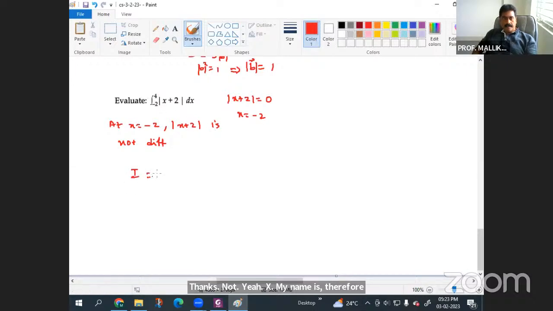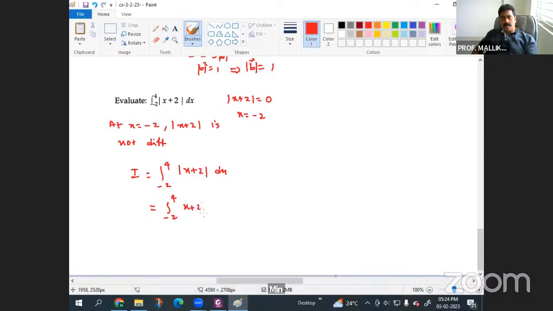Therefore, integral of minus 2 to 4 of mod of x plus 2 dx. Minus 2 is one of the extreme values, so it won't be broken. That critical point should not be one of the limits. If it comes in between, then only we have to break the interval. Minus 2 to 4 of x plus 2, I am removing the modulus, writing as it is, dx.